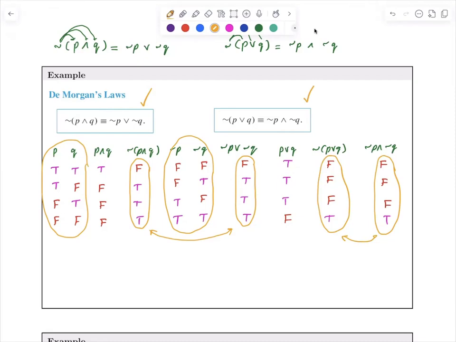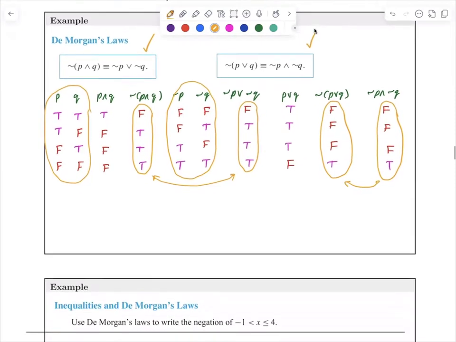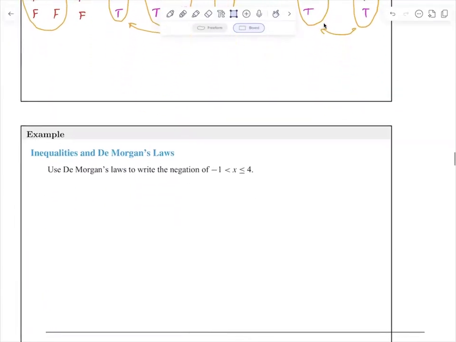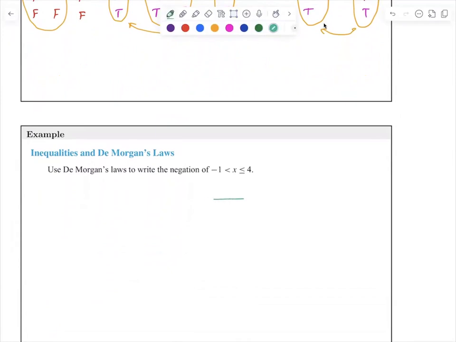Have we used De Morgan's law before? In intermediate algebra, you learned about inequalities. For example, in this inequality, if we look at the number line, 0, 1, 2, 3, 4, 5, 6, and the rest of the numbers on the left and the right, we're just listing some of them.